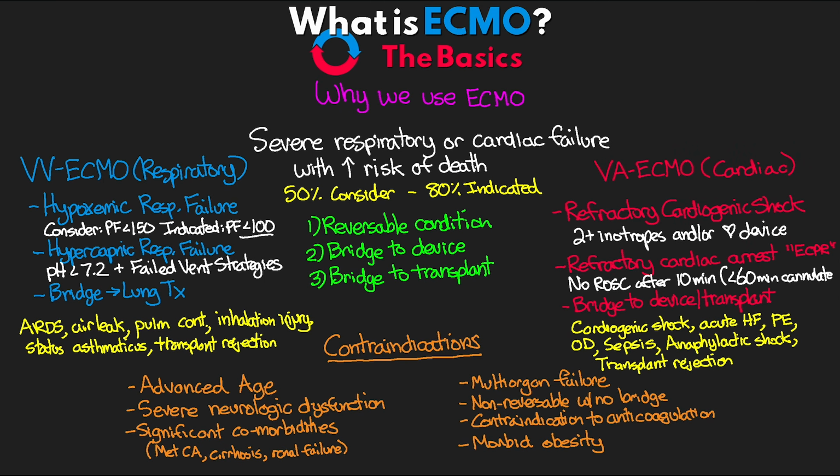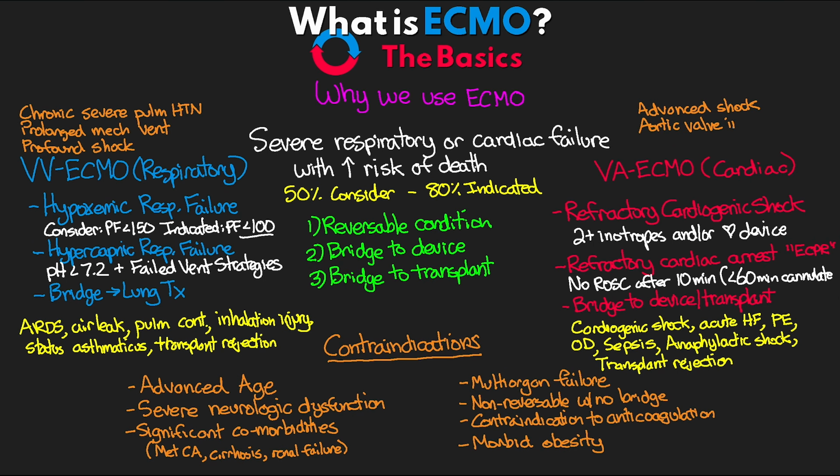Now, some specific conditions that would preclude our patient from getting VV ECMO would be things like chronic severe pulmonary hypertension, if they've had a prolonged mechanical ventilation with high pressure and high FiO2 for more than 7 days, as well as advanced shock. And for VA ECMO, it would again be things like advanced shock, aortic valve incompetence, or an aortic dissection.